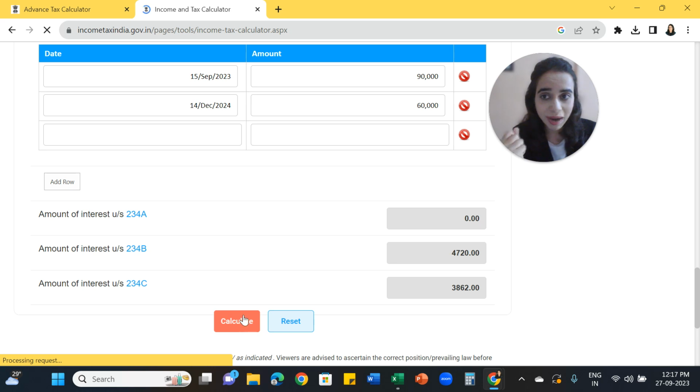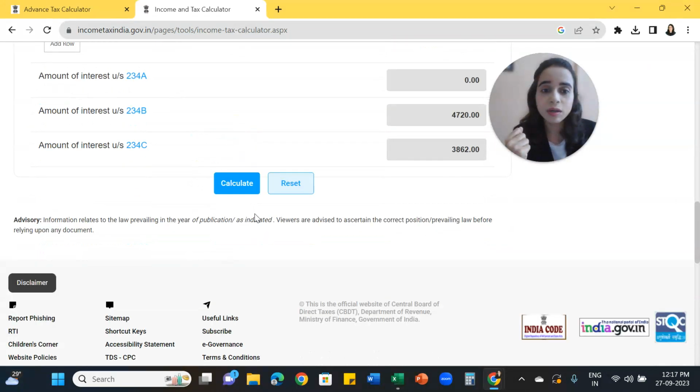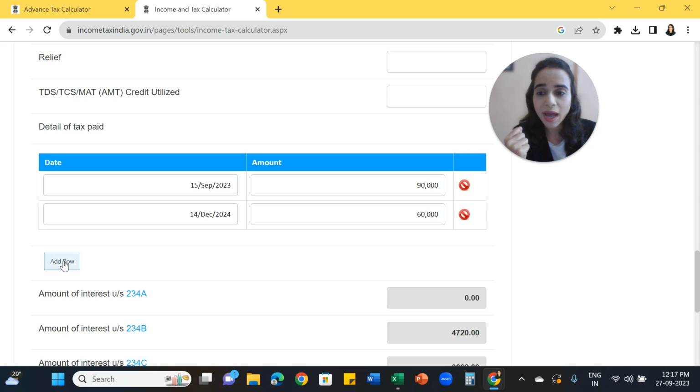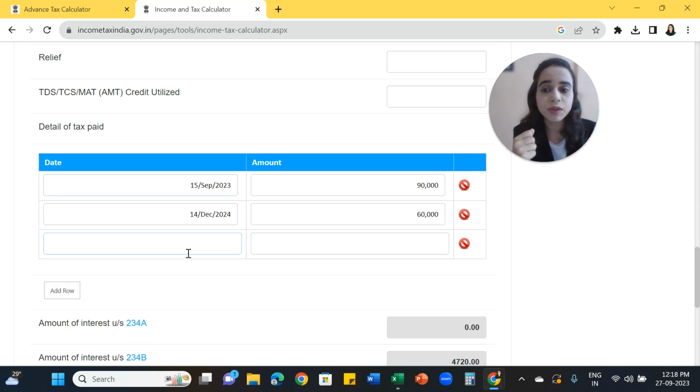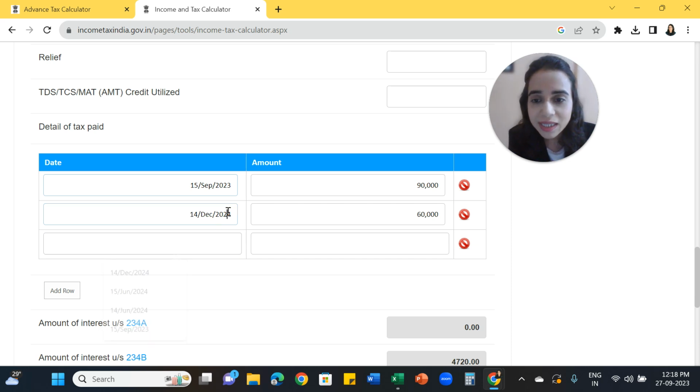That's how this matters. I will add one more row, and we'll put that I am paying the installment. All right, so when we are paying this installment, this is 14.